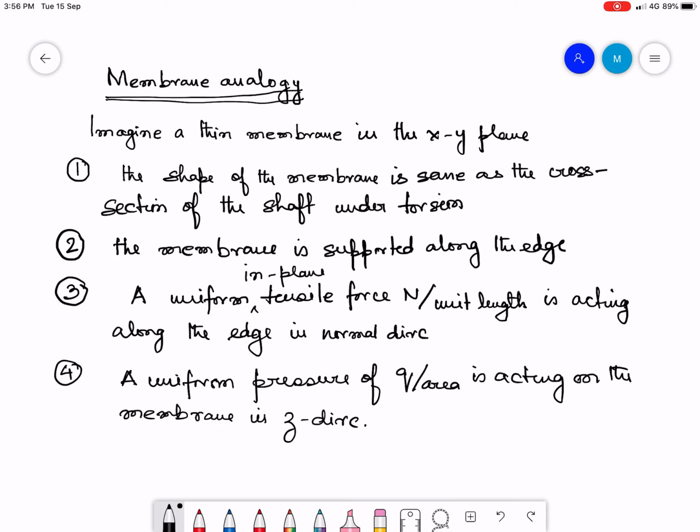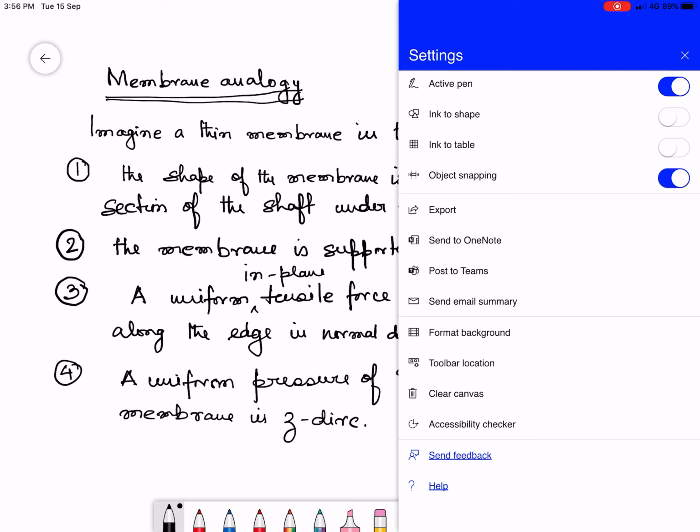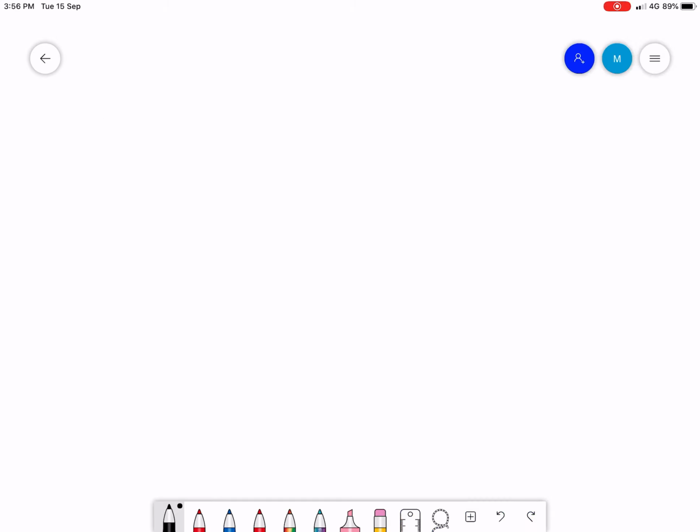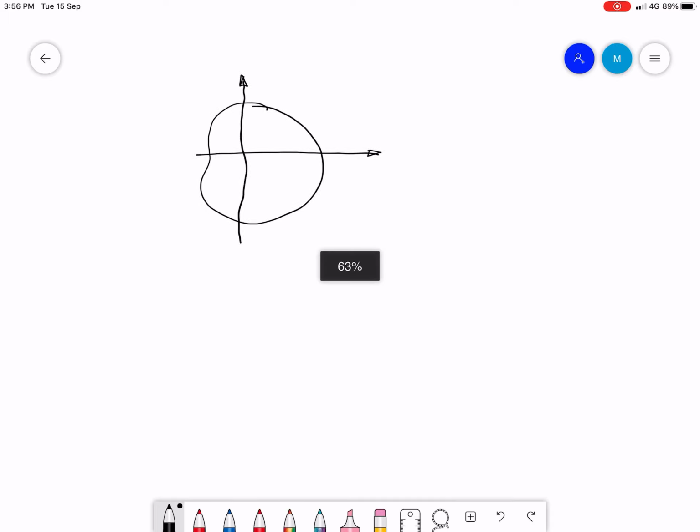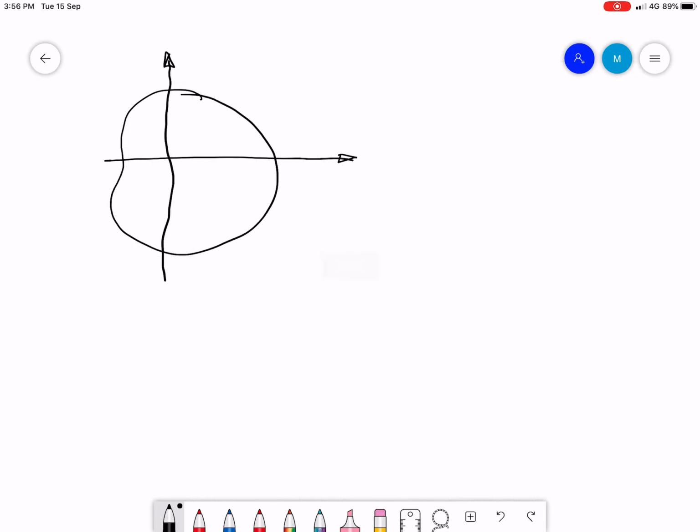So, let us now try to draw this membrane. So, how is this membrane going to look like? Of course, the shape is going to be, so this is x, and this is y.